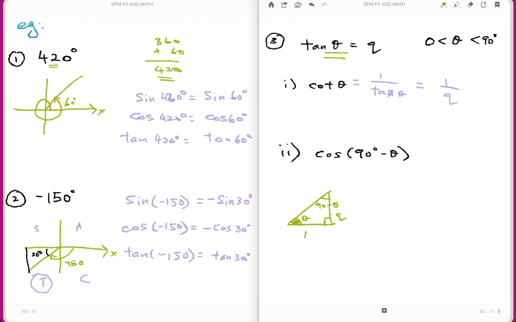Since it's Pythagoras theorem, this is a right angle triangle, so the hypotenuse will be the square root of 1 plus q squared. So that I will be able to find out what is my cos of 90 minus theta, which is here. Cos will be q over the square root of 1 plus q squared.